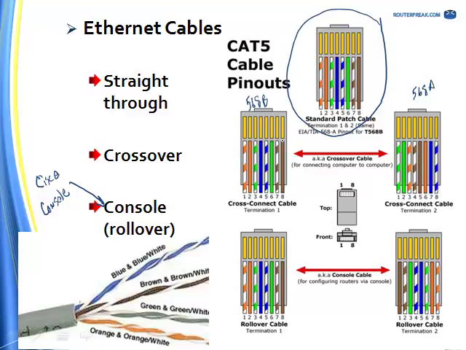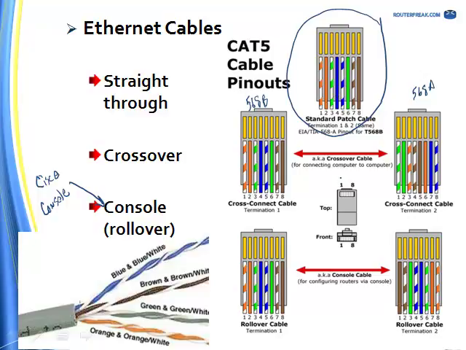And once they get to the end, they'll make contact with the little copper contacts at the end. So you have your standard 568B, which is more common. If it's B to B, it's a straight through.